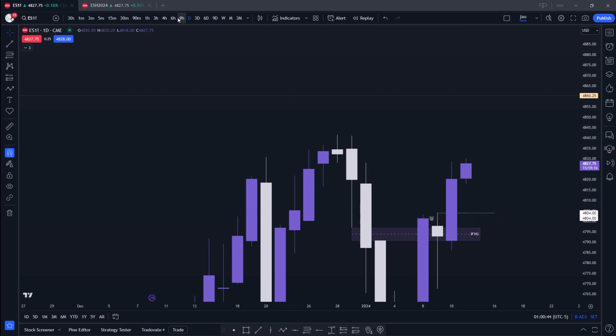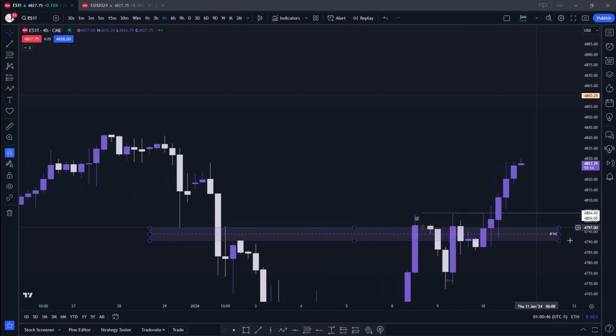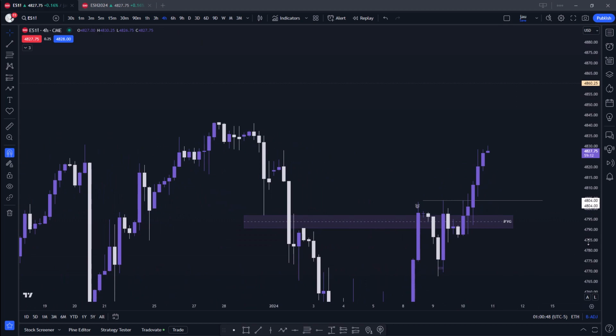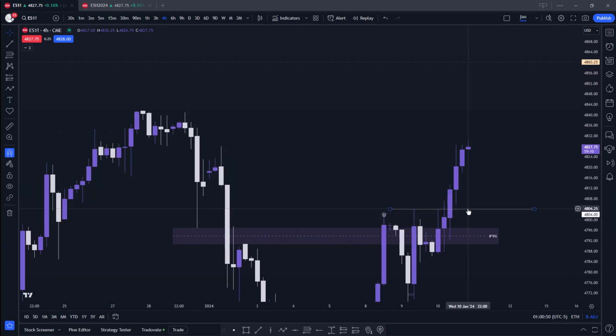Looking on lower time frames, let's jump down to the 4 hour. We may not even come down to this level. We may just retrace into this 4-hour fair value gap. So I have two possible entries, this 4-hour fair value gap or this line that I drew out, but I'm favoring this line more than this fair value gap because of the fact that we have an inversion on this side.